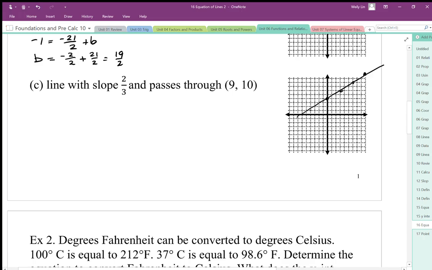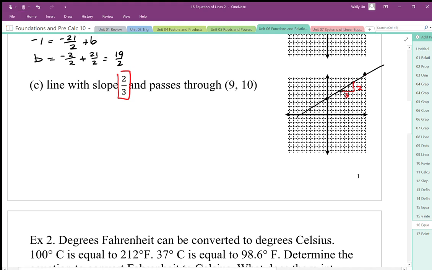Okay, now I'm pretty confident that is the case. Okay, but we can also calculate this. So there's my slope. Okay, I'm going to draw my slope triangle here. 2 and 3. Okay, and my coordinate 9, 10 is up here. And if I just work myself back, it looks like the y-intercept is +4.